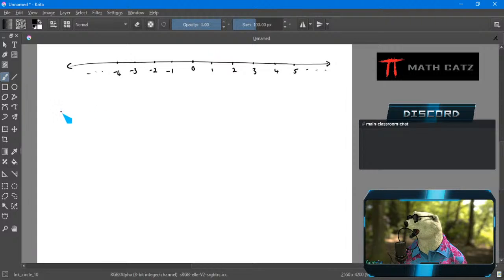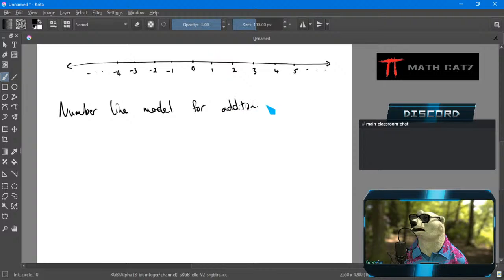So we want to explore the so-called number line model for addition and subtraction of integers. There are other ways to do it.